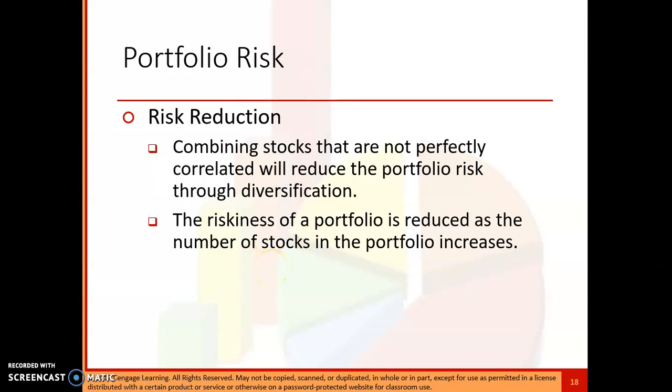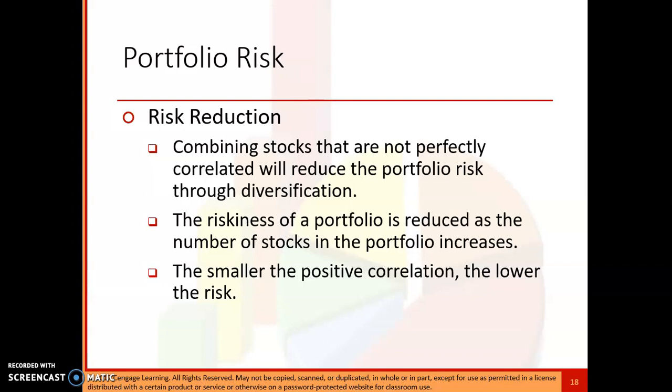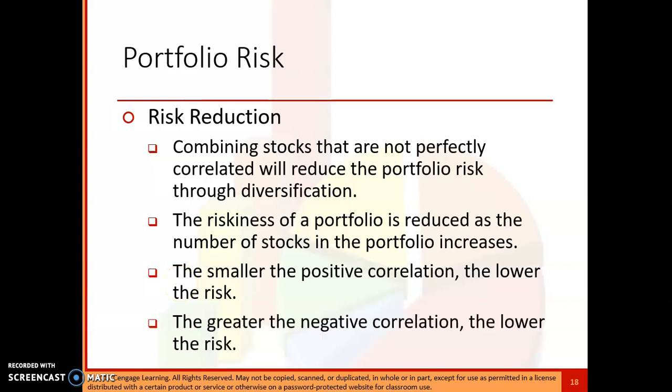The smaller the positive correlation, the lower the risk. As I mentioned before, negative correlation is optimal, but the fact that stocks are uncorrelated is a good thing. We wouldn't want a correlation coefficient close to 1 with regard to all of our stocks. Again, the greater the negative correlation, the lower the risk.